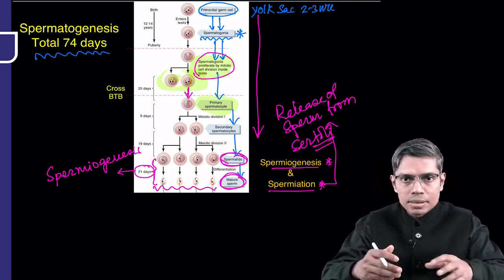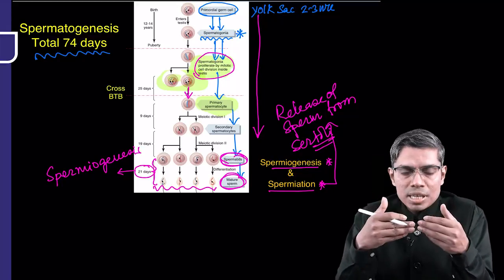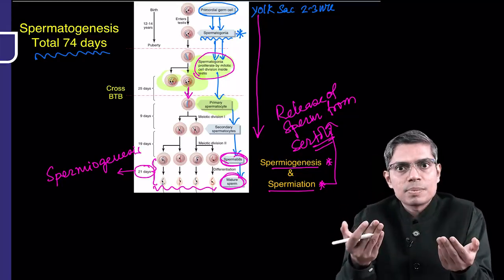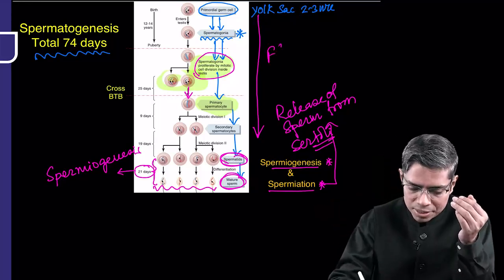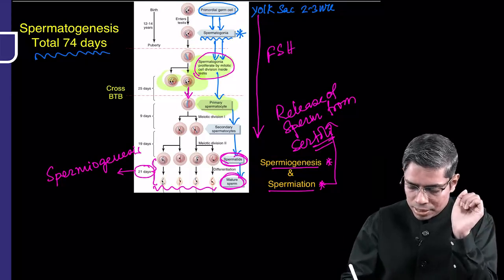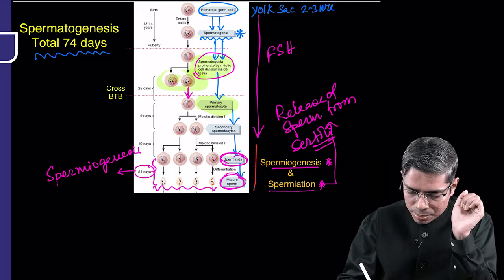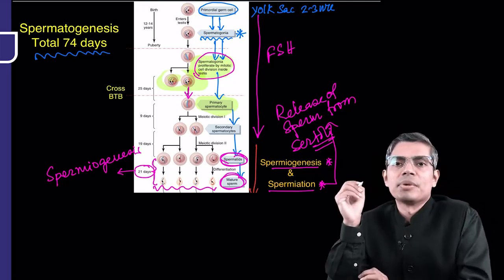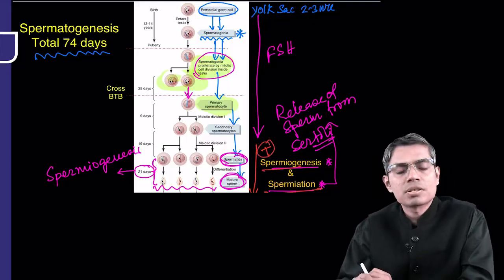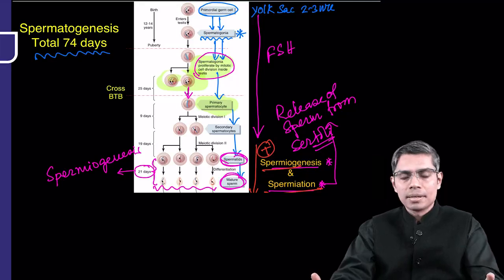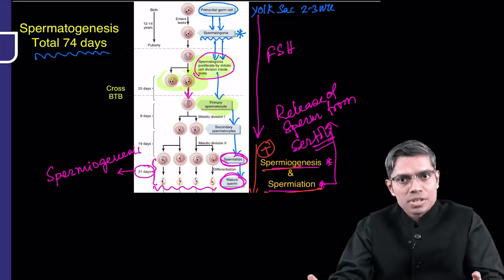So during this process of spermatogonia dividing into primary spermatocyte, secondary spermatocyte, you require more amount of FSH. But testosterone is particularly required for the terminal stages of spermatogenesis, means this spermiation process, this release process, all of these things require the presence of testosterone, right?